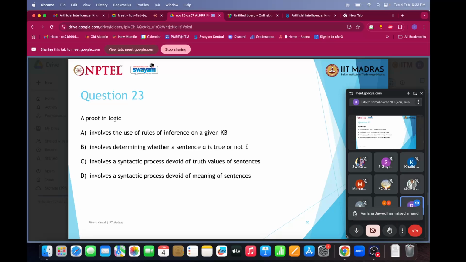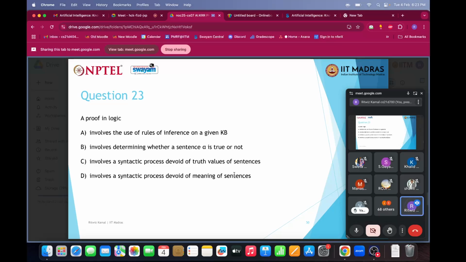But whether that fact is true or not, that is something that we do later on, not while we are arriving at the new fact, right? So the process of proof in logic is not involved with what truth value is given to a new sentence that we derive. Because of that, option B would be incorrect.